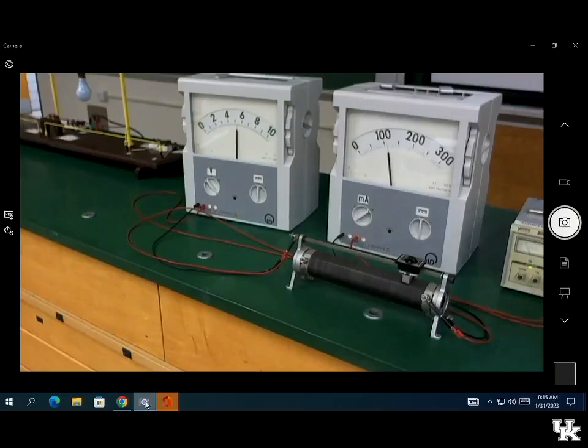If I go down some more, I'm turning the wrong thing. If I go down to about 2 volts, yeah, there's about 2 volts. I get about 50 milliamps of current. We've just seen Ohm's law.